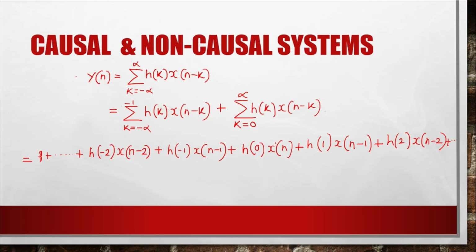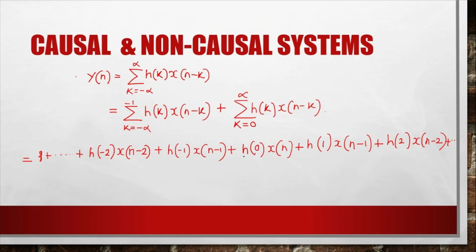Now if I divide the portions, you will be able to understand that n is the present instant, and x of n is the input at that instant, the present input.